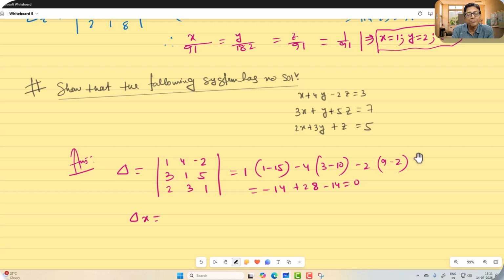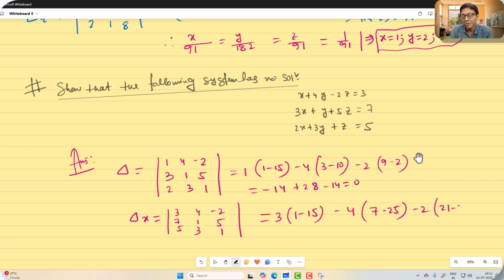Let us find delta x. For that, the column will be replaced by 3, 7, 5. 3 into 1 minus 15 minus 4 into 7 minus 25 minus 2 into 3 into minus 14 minus 42, and this is minus 18, that is 72, and this is minus 32.